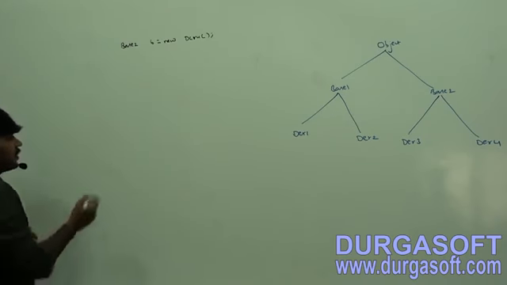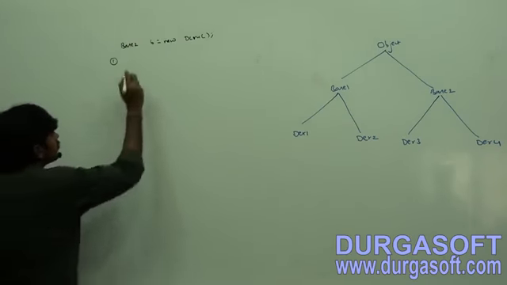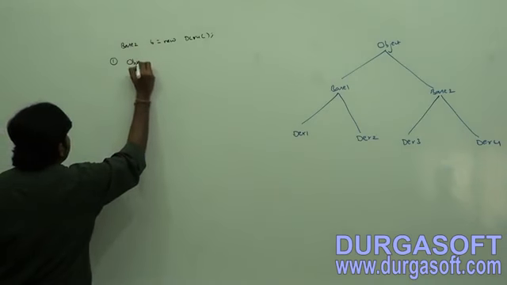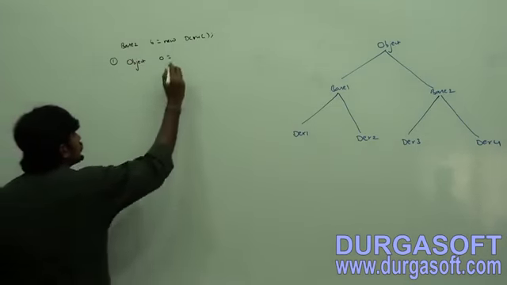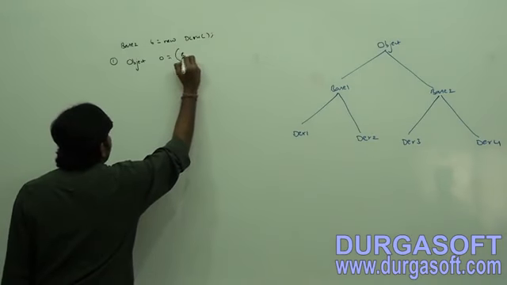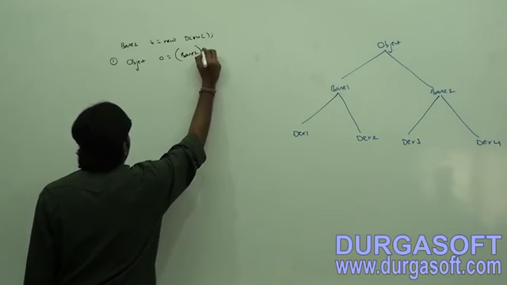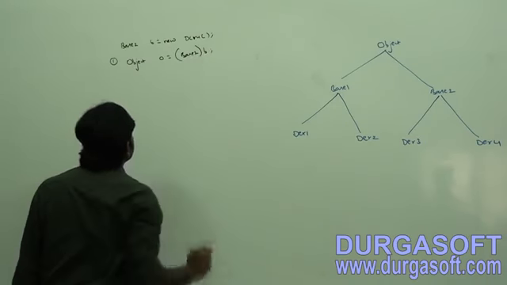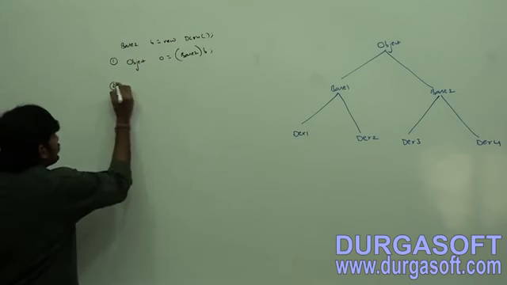Now my target is, first one: Object o = (Base2) b, valid or not? Object o = (Base2) b or not.